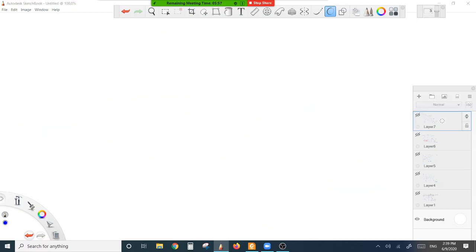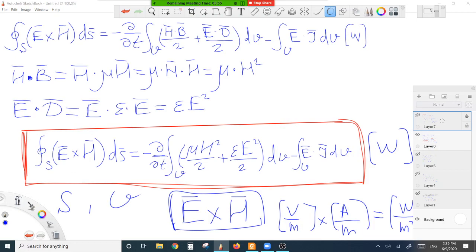So if we go back to this equation, the first term on the right hand side represents the time rate of decrease in the potential or stored energy in the system. And as we can see, it has two components.